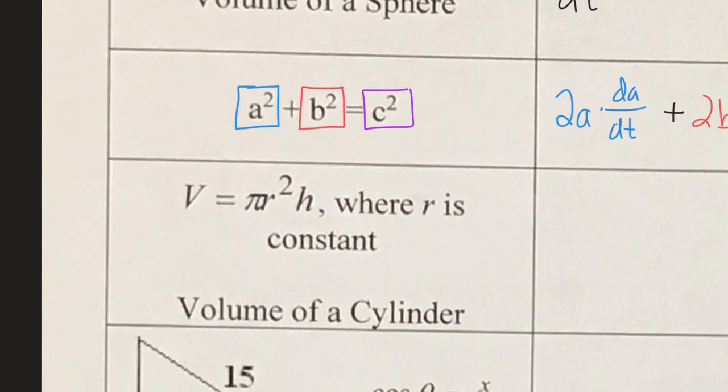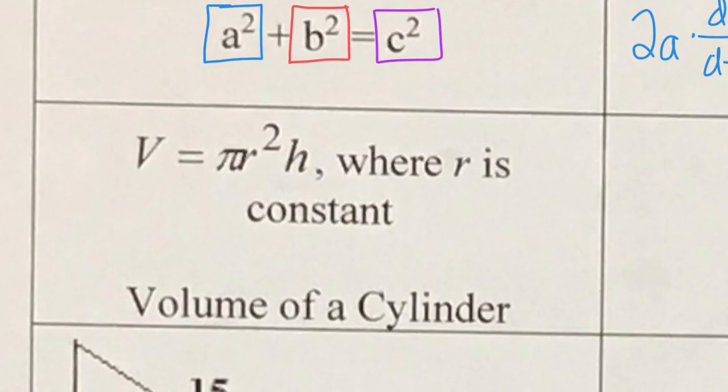All right, next we have this volume formula for a volume of a cylinder. Okay, a volume of a cylinder, where r is constant. Okay, so what are our variables in this equation if r is constant? V is a variable and H is a variable, right? So we're going to treat R as a constant, right?